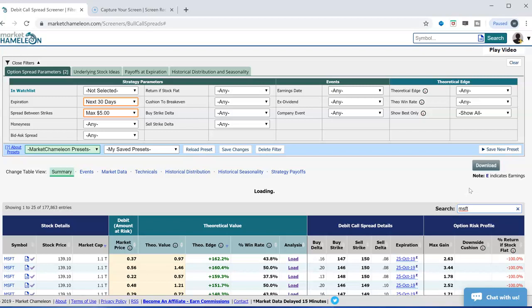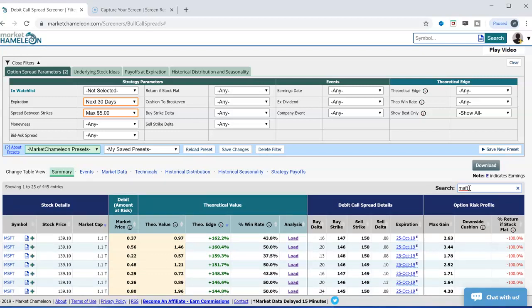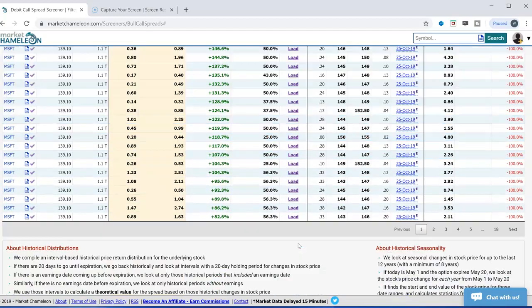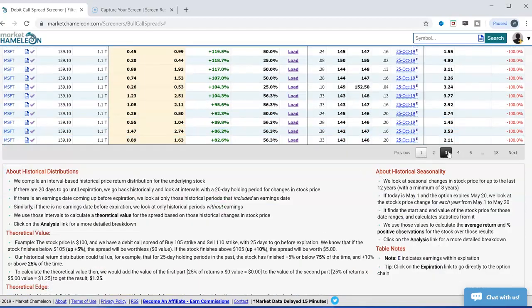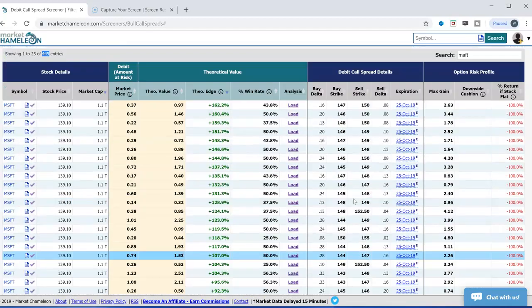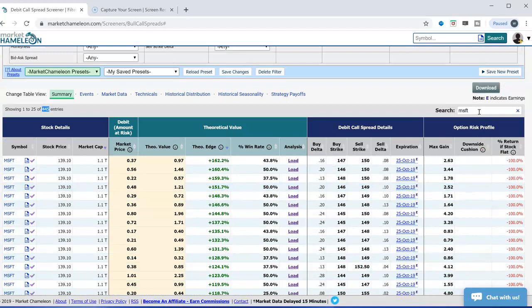Even if you have 20 or 30 stocks in your watch list, just in one stock alone there are 445 possibilities. Going through all the pages, there are 18 pages full of call spreads to choose from.